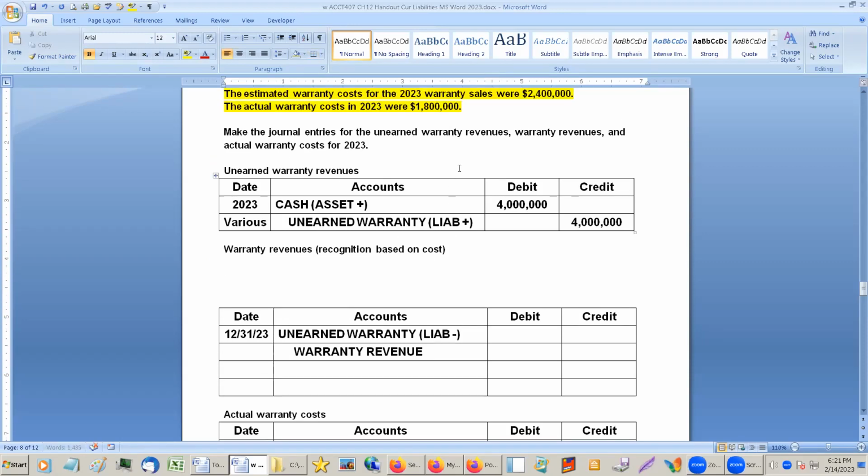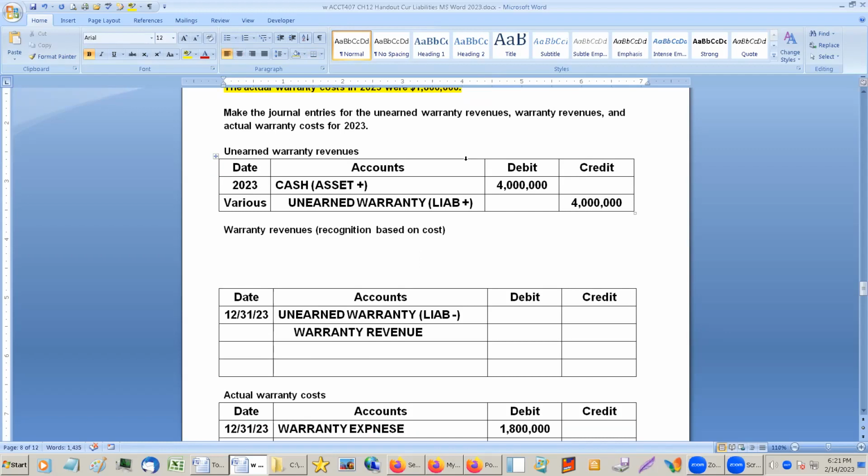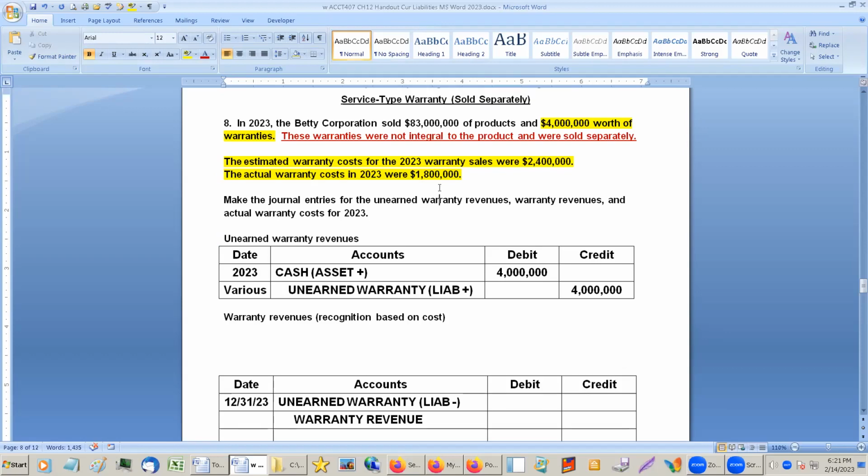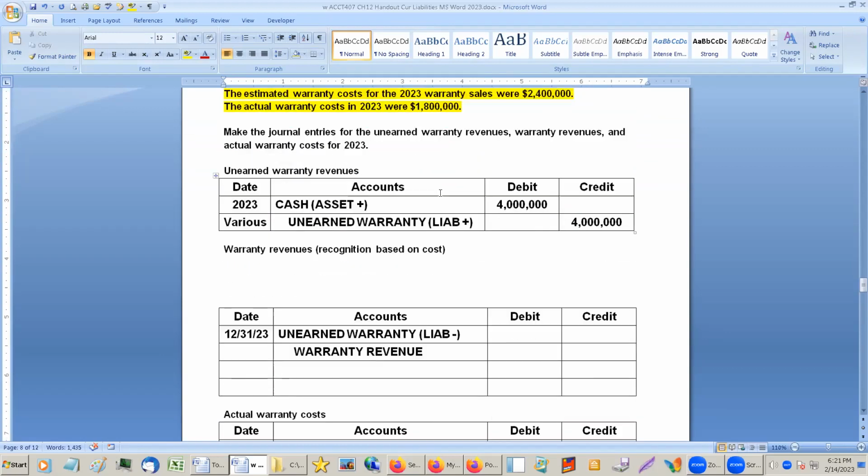Okay, did you figure out how much of the warranty revenue we're gonna recognize? Anyone?